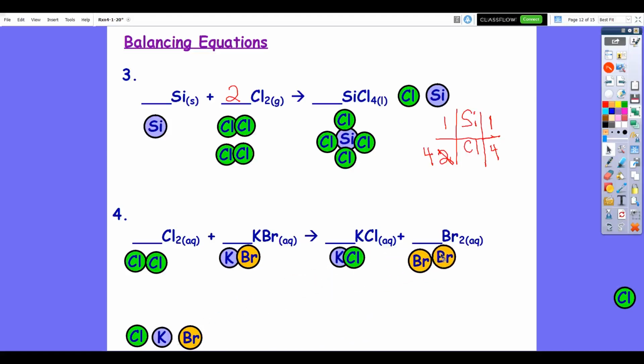Ooh, this already looks just a little bit more complicated. But I think we can still do this. Let's see. I've got chlorine, I've got my potassium, and I've got my bromine.